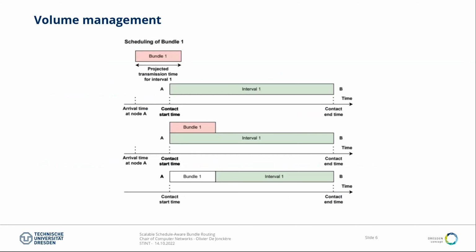So how does it work? It's pretty simple. This is a scenario without priority support. So we have a contact between A and B, and at the initialization we have a single segment in green, and we will process some dry runs on the route to see if the route is suitable for this bundle. That will be the CGR selection phase.